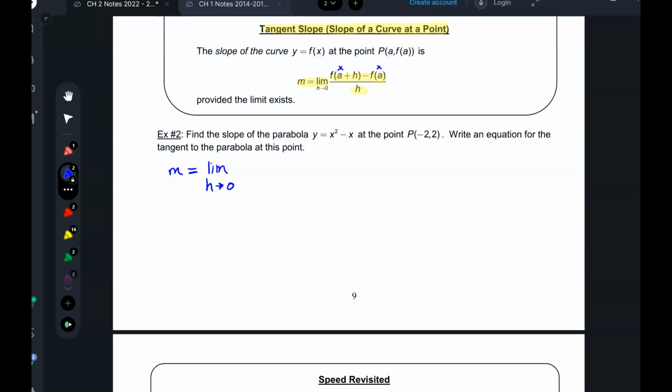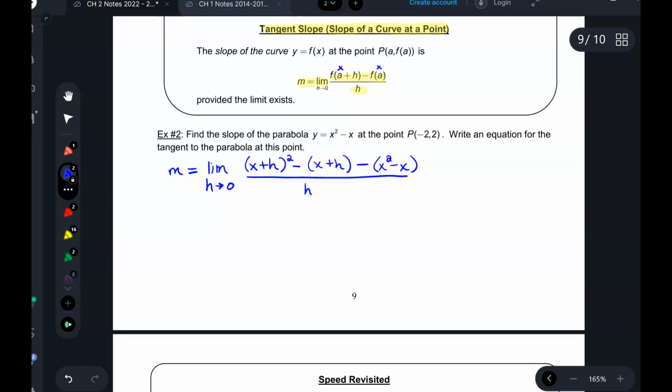Perfect. So I want x plus h, are we okay if I use x? Okay, minus x plus h minus x squared minus x. If you distribute, yes, totally fine. Good, look good? All right, keep going.